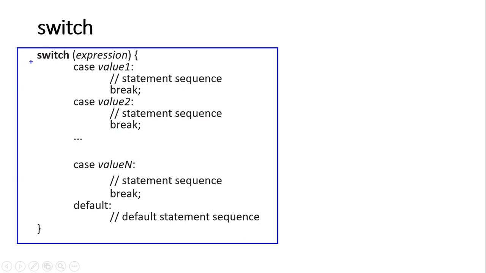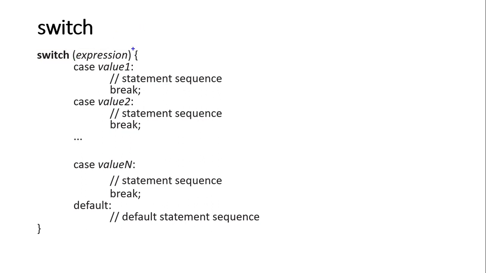So if you look at the switch here, it starts with the keyword switch followed by open and close parentheses. In between, you are supposed to write the expression. Now, based on the value of the expression, there are multiple choices. These choices are indicated by the case statement.